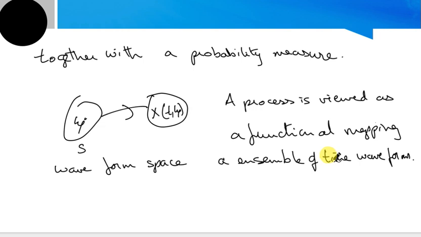At a particular time instant, t0, t1, etc., we get the value of the random variable to be just x of t0, x of t1, and so on.